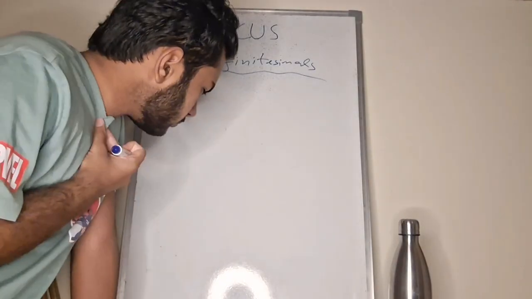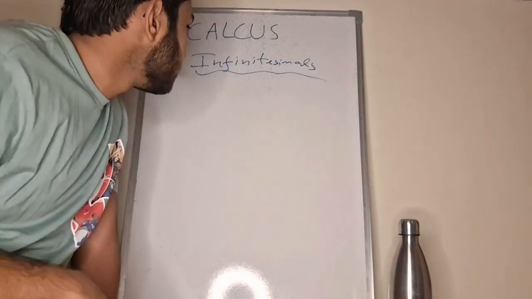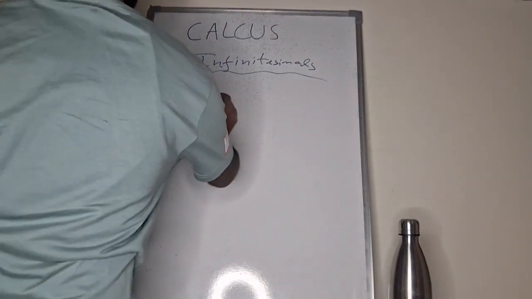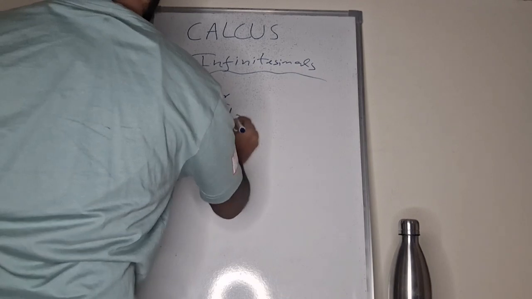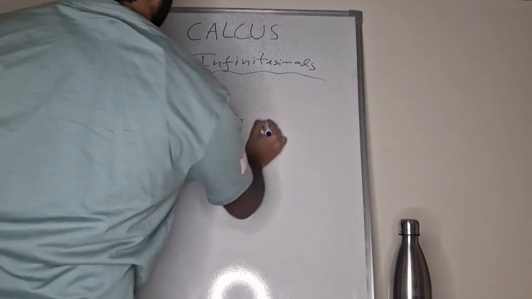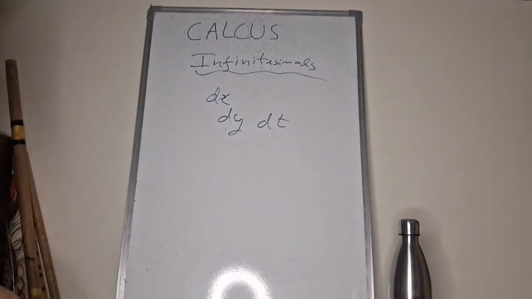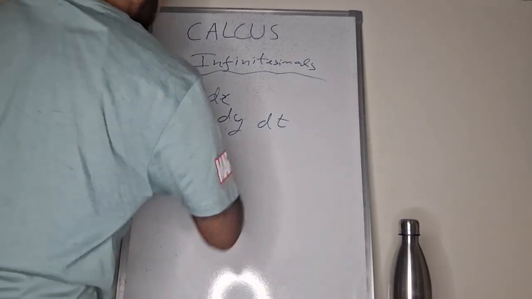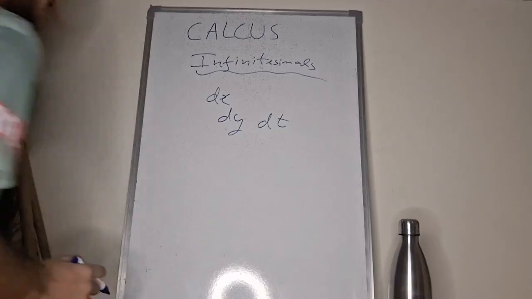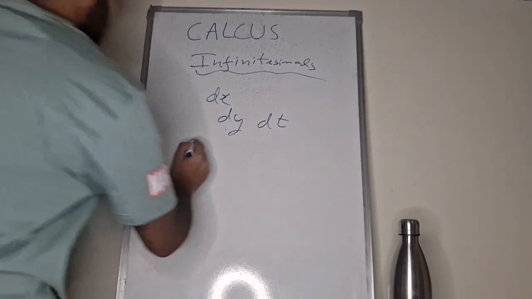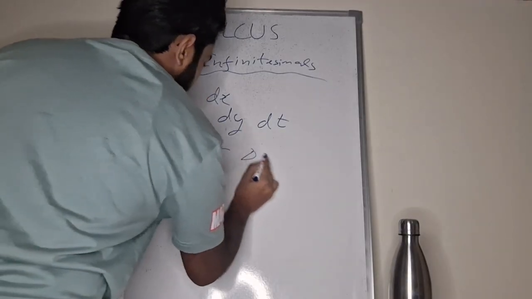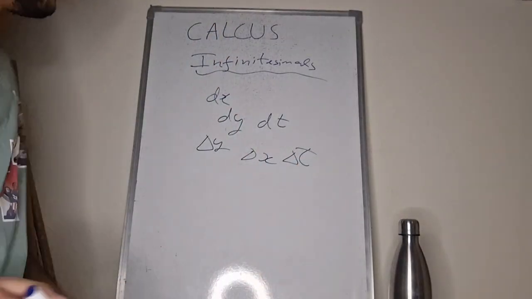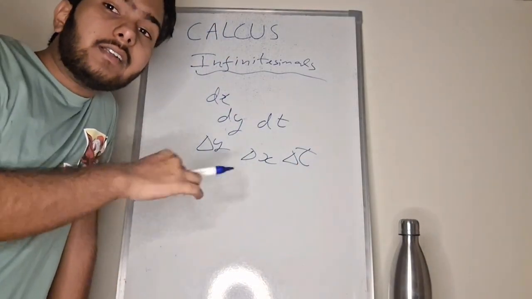Everybody who learns calculus in the 21st century is familiar with these terms: dx, dy, dt, etc. So this represents dx and dy. These are the infinitesimal forms of delta y, delta x, delta t. Right? These represent the infinitesimally small changes.